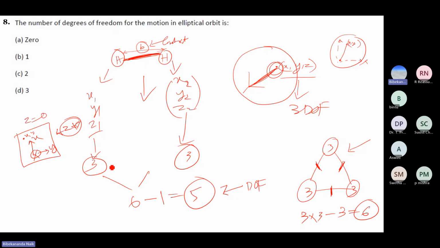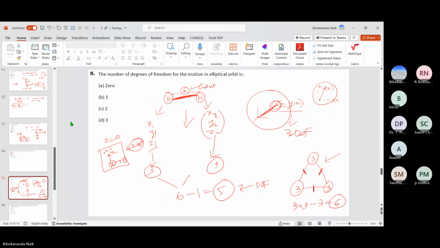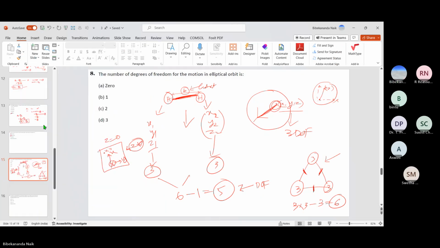Similarly, if there is a circular motion, first we will talk about circular motion, then we will go to ellipse. So suppose it is a circle and the object is moving on the circumference of the circle. This is the origin.